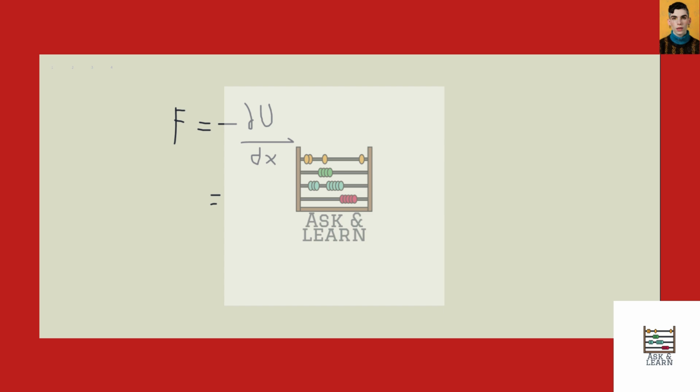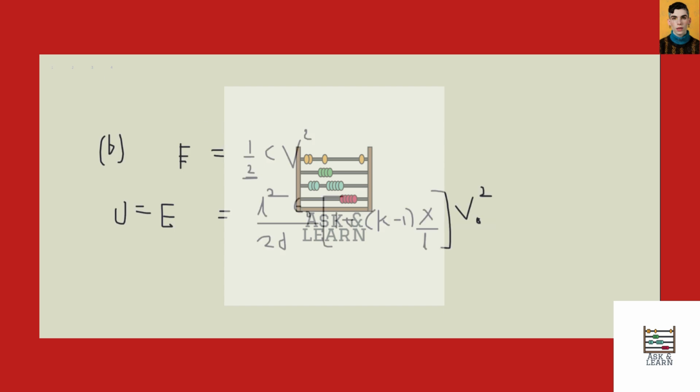If you take the derivative of U with respect to x, you can see that the term with 1 is 0, but the other term is not 0. So this is the one which will give you the contribution. The derivative of x is 1, so we are left with the remaining terms.